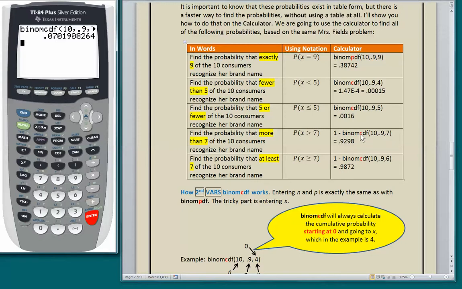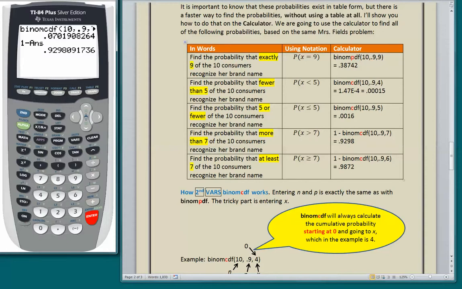But that's not what we want. We want the probability that x is greater than 7. So if we subtract this probability from 1, that will give us the probability that x is greater than 7. So I'm going to do 1 minus, and by the way, here's how you can do this. If I hit second answer, it will take 1 minus this most recent number. And that's 0.9298. And there's our 0.9298.